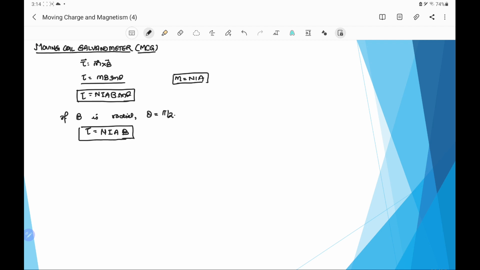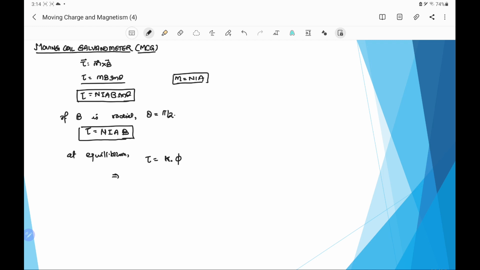Now, because of this torque, the coil rotates in the magnetic field, and in a moving coil galvanometer, a spring arrangement is used which opposes this rotation, and an equilibrium is obtained. Torque is counterbalanced by the restoring torque. So this torque tau is balanced by a restoring torque k phi, where k is a constant and phi is the angle rotated by the coil.